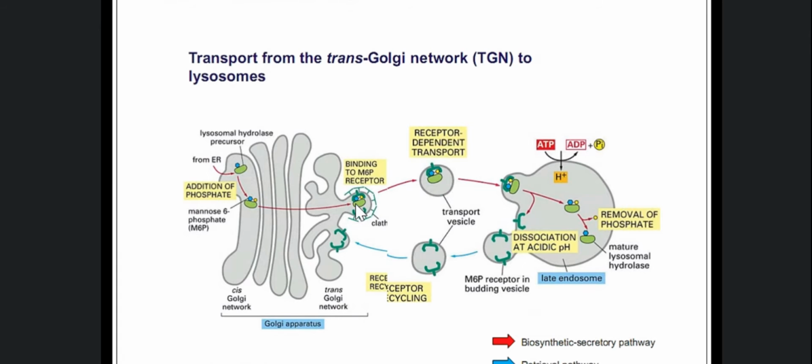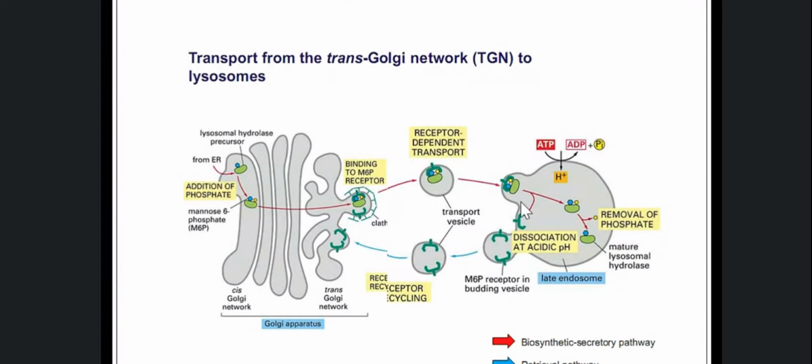So now the precursor binds to the receptor and triggers the formation of the vesicle. And the type of vesicle here is the clathrin coated vesicle. So the clathrin coated vesicle is pinched off from the Golgi and transported to the endosome.